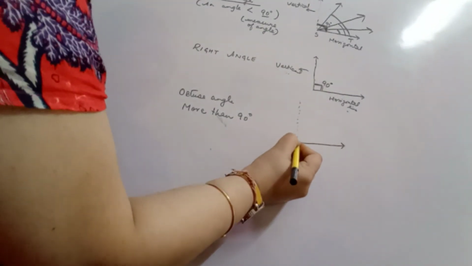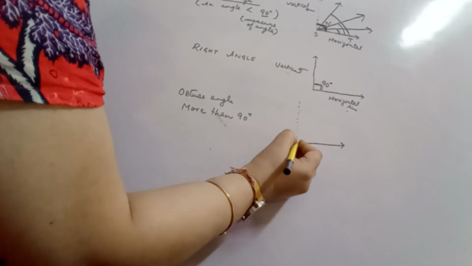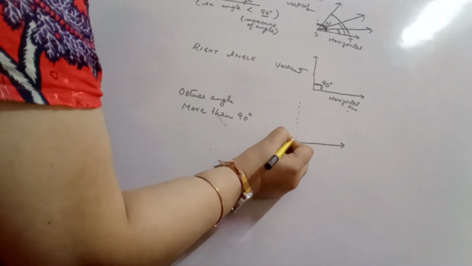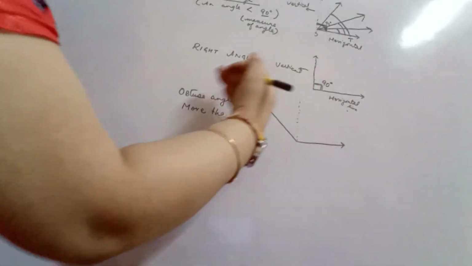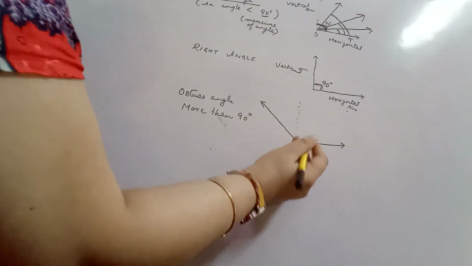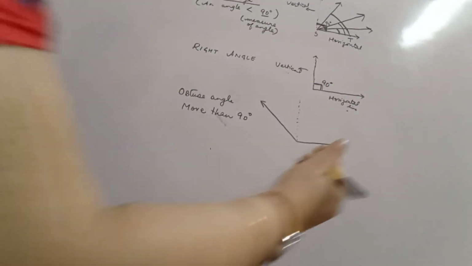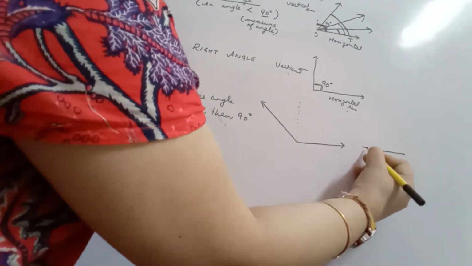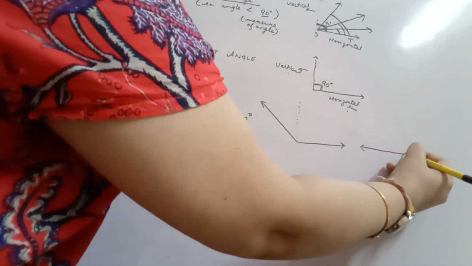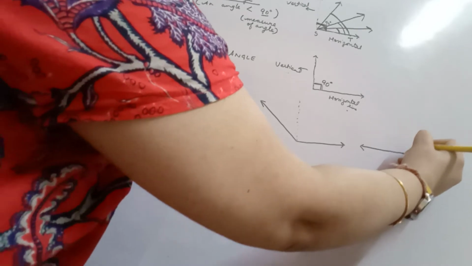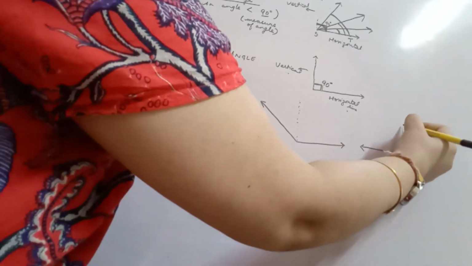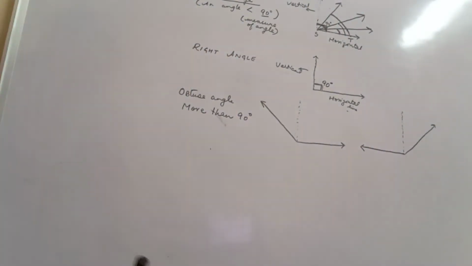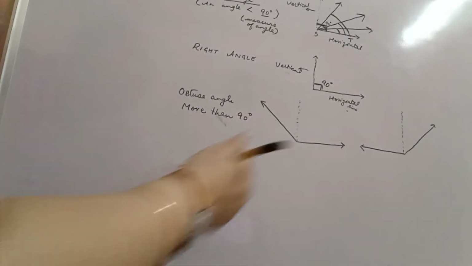Now more than that would be any ray which is beyond it, on the left side. Not saying left side, because if I change the direction of the ray, it would be like this. I will show you how this is an obtuse angle.